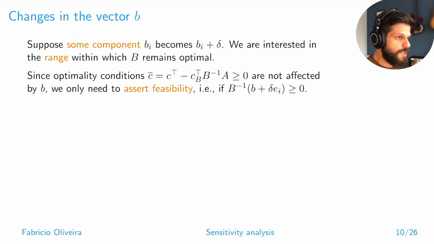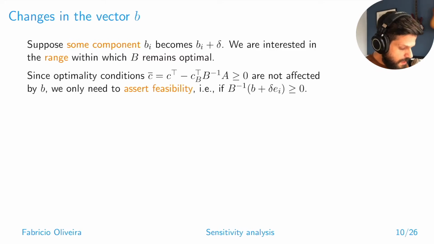So what we're interested in is the range within which B is going to remain optimal, so that basis won't change. Obviously, your optimality conditions associated with that basis are not influenced by your b term, because they only depend on the coefficients of the objective function and the current basis you have.